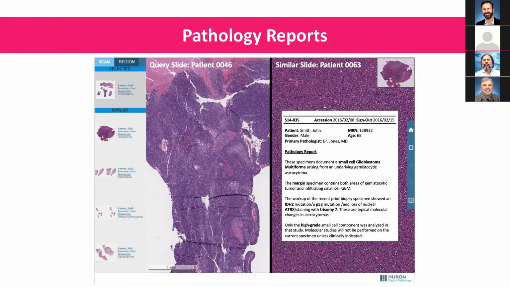And Dr. Jones here is telling you, this is this, this is small cell glioblastoma multiforme, and so on. So this is the power of image search for pathology, because this is within the category of explainable AI, that the decision can be justified if you say this is similar to this, and then you can use the information in the pathology reports.